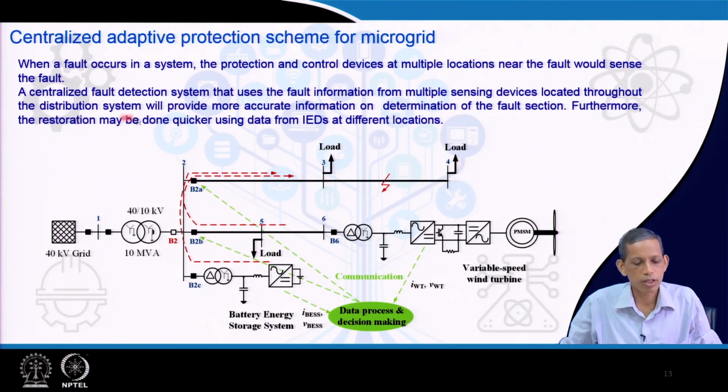With a centralized fault detection mechanism, the information from such IEDs is processed, and we can infer the particular fault section where the fault has occurred, and then a command can be issued to open the particular breakers, thereby improving the selectivity and sensitivity of the system. Restoration of the system can also be quicker if you know the exact section and location of the fault from the information collected from different IEDs.